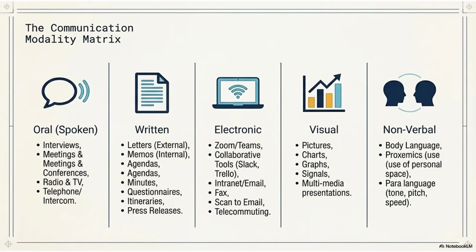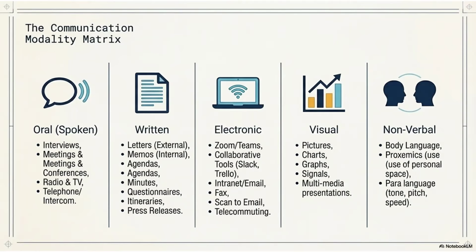So you have electronic as well, which is what we're doing right now. We are using electronic devices to communicate with each other via Zoom. Just an email, open the phone, send a text, send a fax.